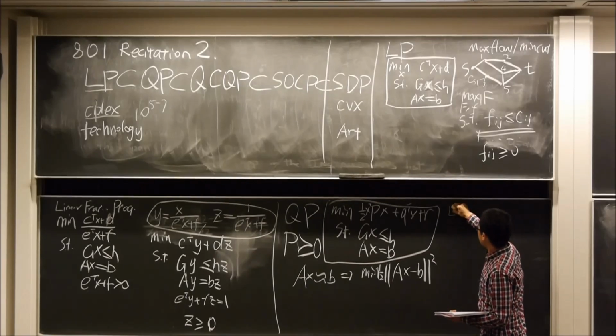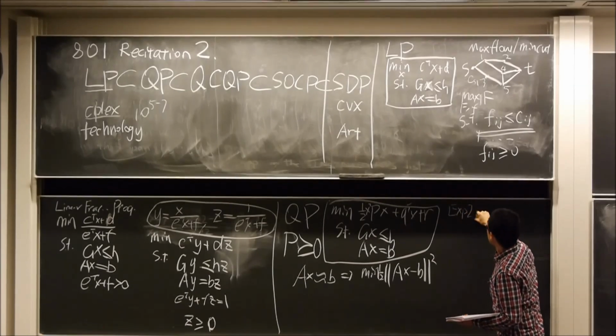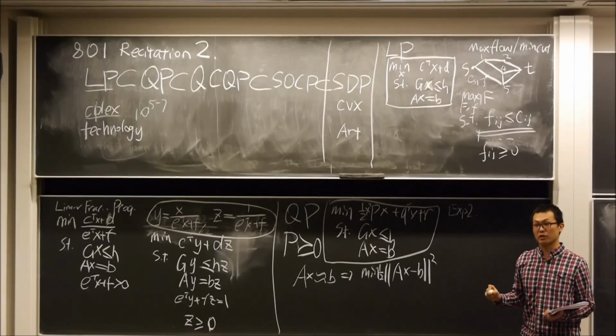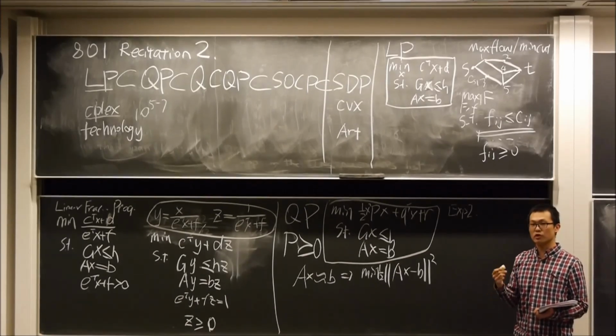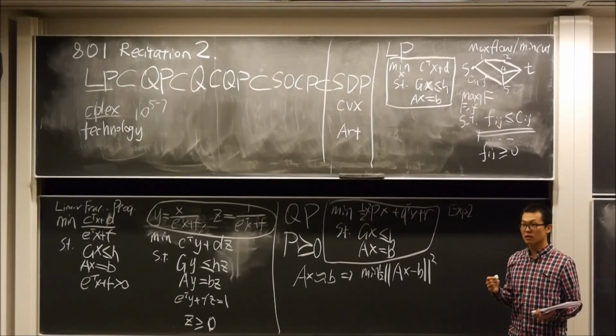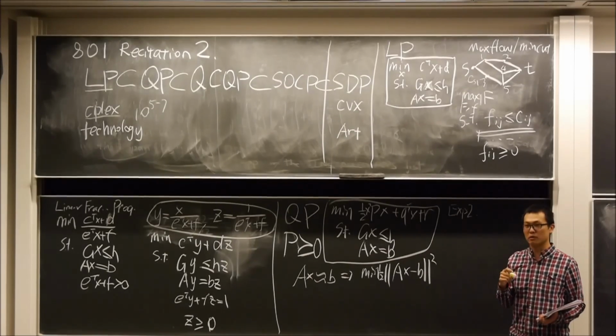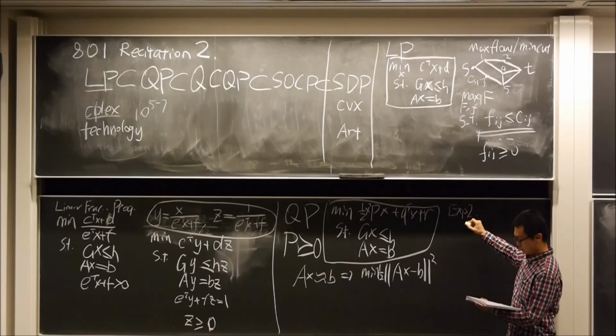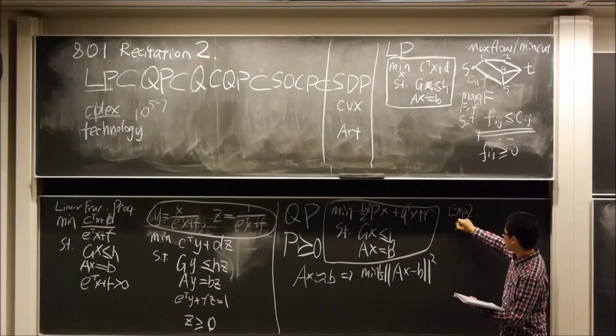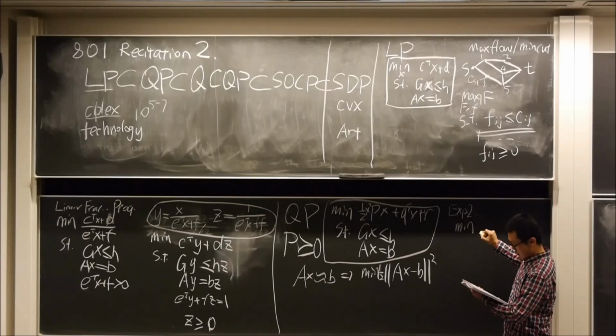Another example is the soft thresholding operator. You know the soft thresholding operator, right? It's one of the most important proximal operators, defined as an optimization that looks like this.